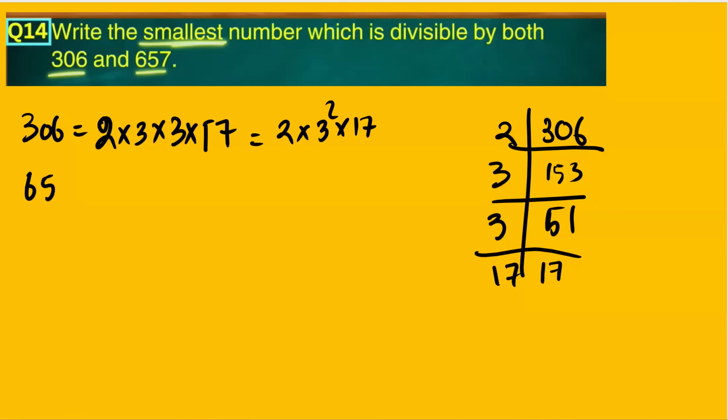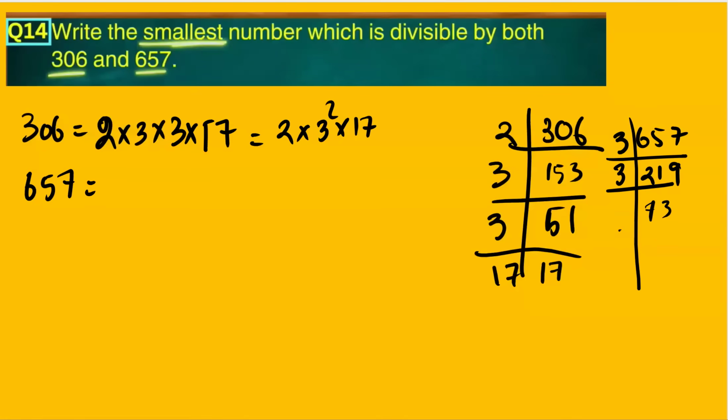And then next we have our number, which is 657. For the prime factorization of 657, 3 and then 219. If I divide by 3, that will be 219, and again 219 divided by 3 is 73. So my prime factorization of this will be 3 squared multiplied with 73.